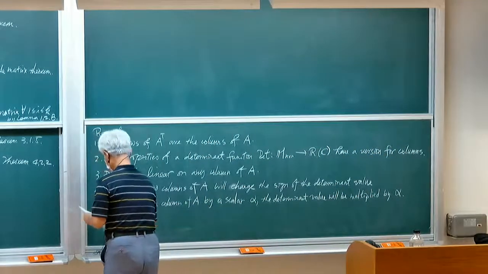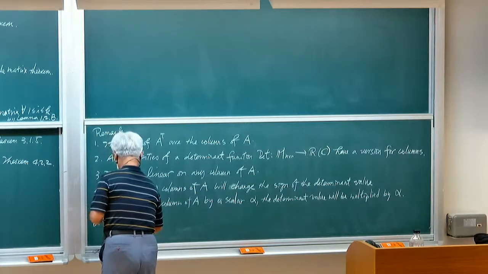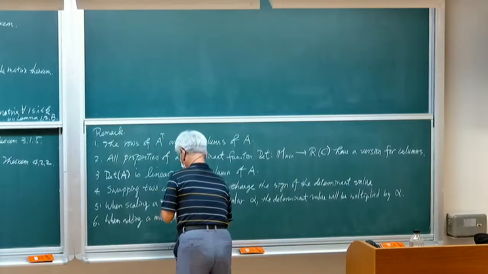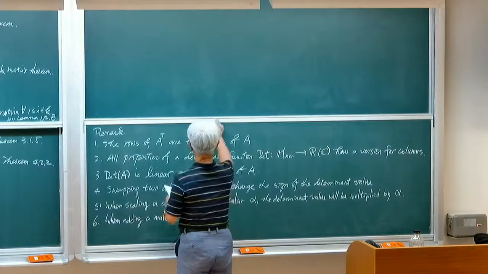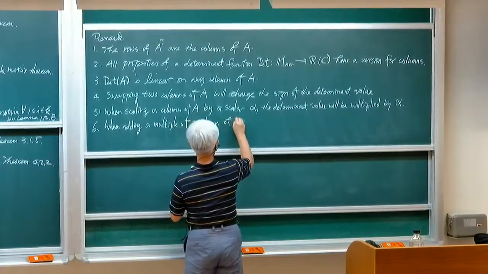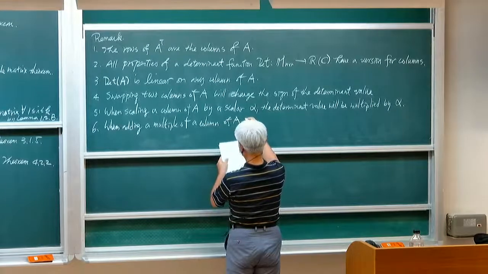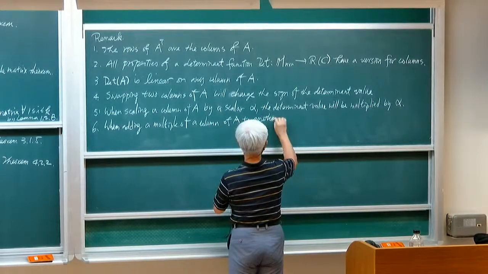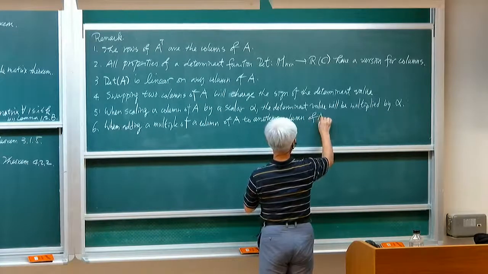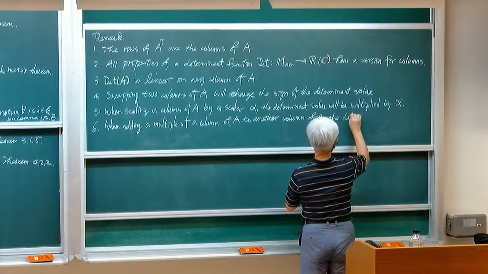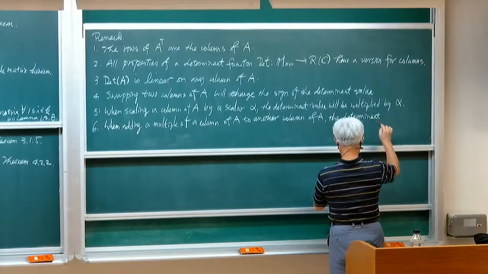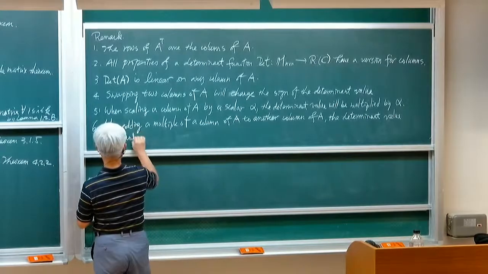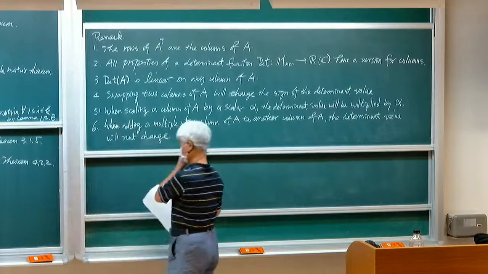All right, so the last one is about replacement: when adding a multiple of a column of A to another column of A, the determinant value will not change. Okay.